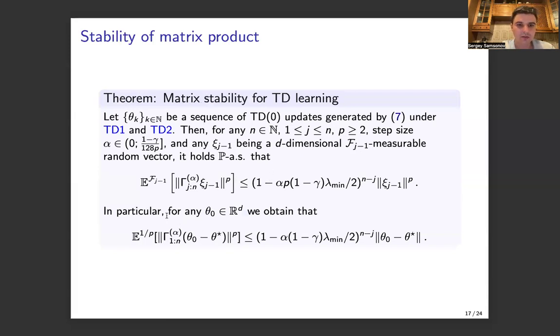So we can show that for any theta_0 in R^d, specifically for TD learning, the p-th moment of the transient term of the error is bounded by some exponential factor multiplied by the norm of theta_0 minus theta star.